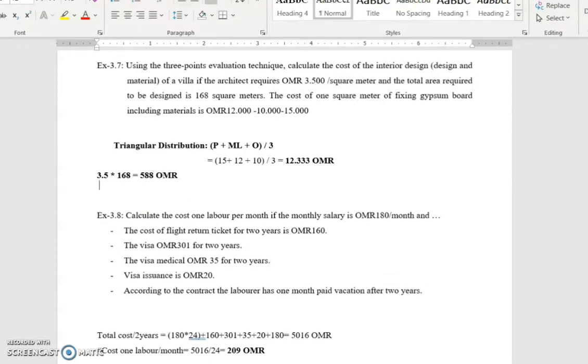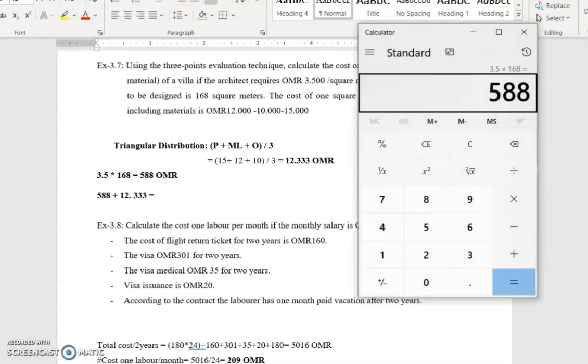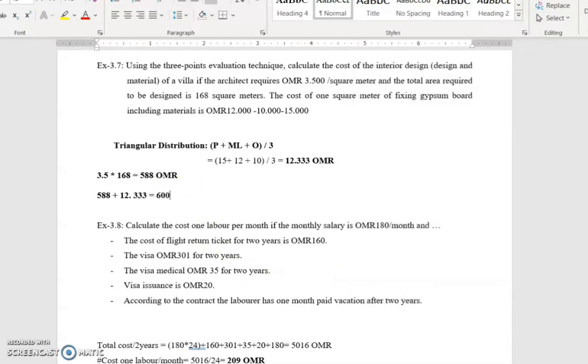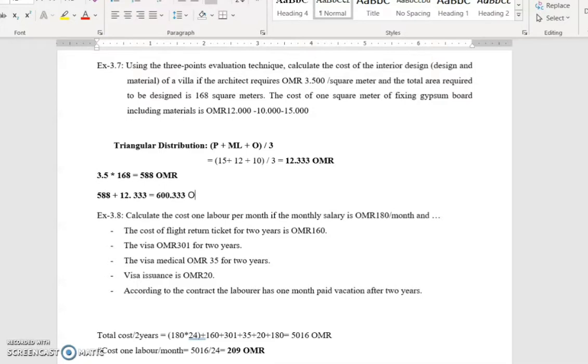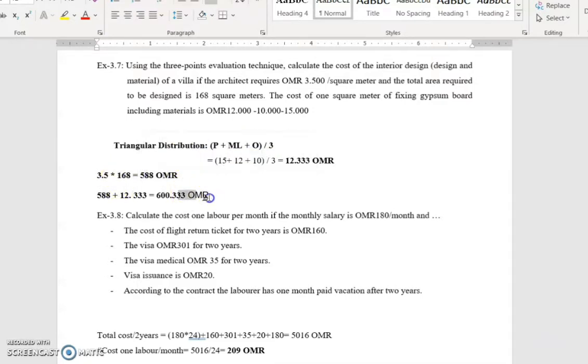So the total will be 588 plus 12.333 equals 600.333. So this is the total cost of this project.